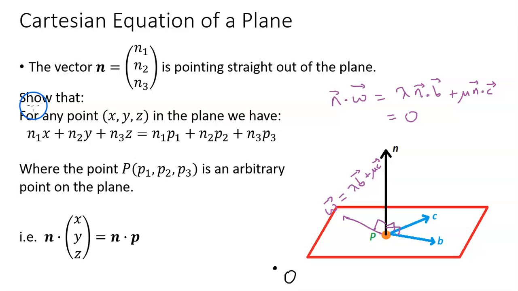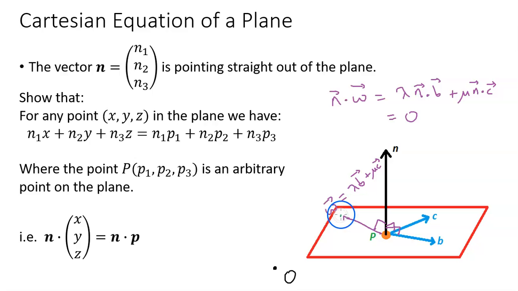So we're asked to show that for any points x, y, z in the plane, for this vector n, which points straight out of the plane like this, n1 times x plus n2 times y plus n3 times z is equal to n1 p1 plus n2 p2 plus n3 p3. Not a problem.